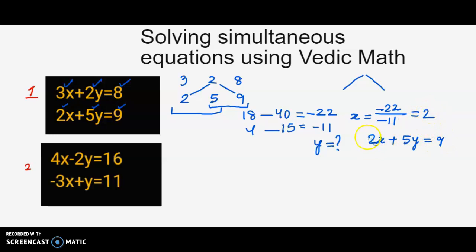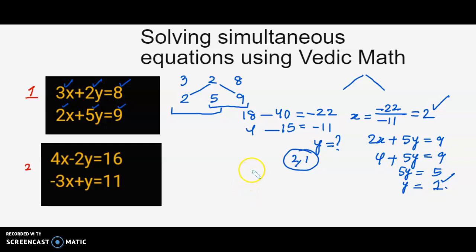Substitute 2 for x. So 2 times 2 is 4, plus 5y equals 9. 5y equals 9 minus 4, that is 5, and y equals 5 by 5, that is 1. So our answer is x equals 2 and y equals 1. That is our answer for this question.